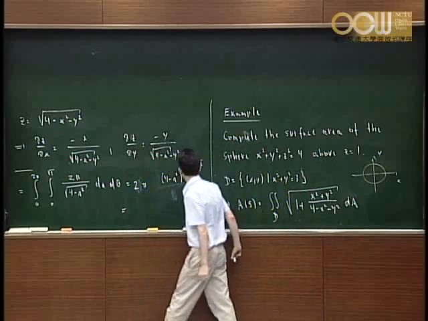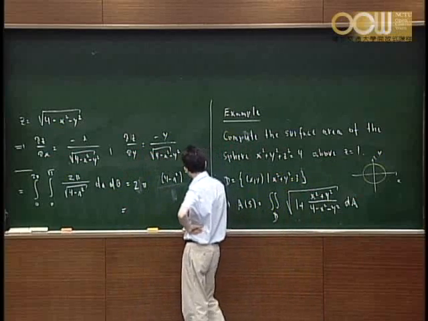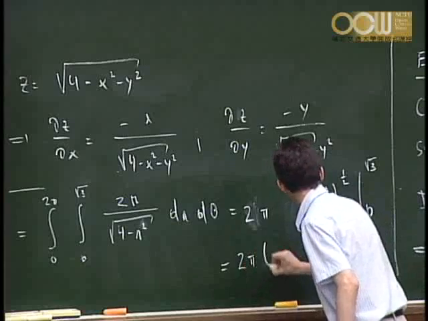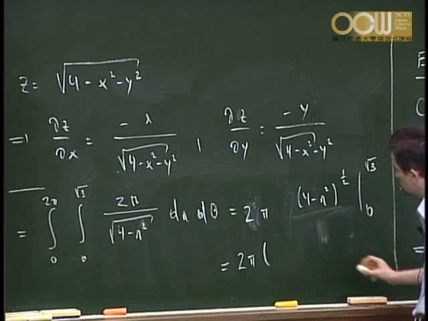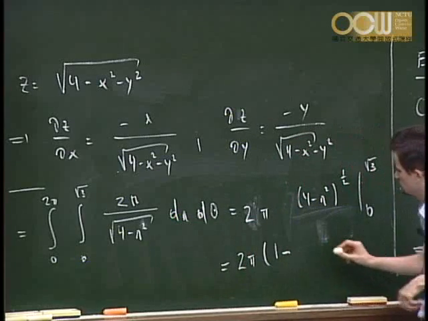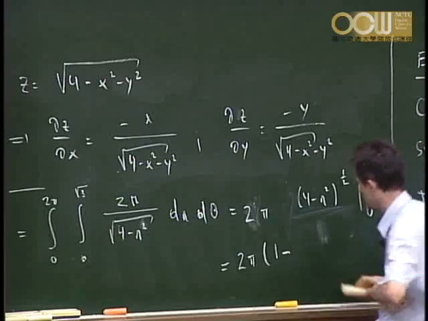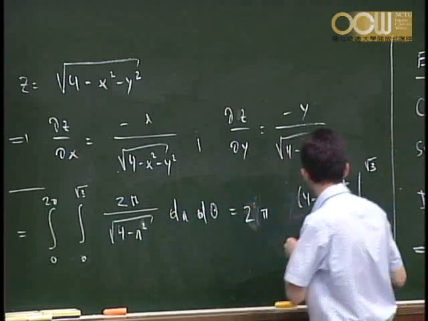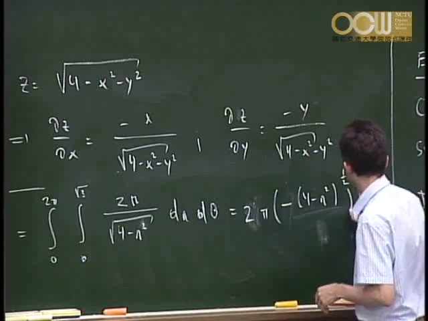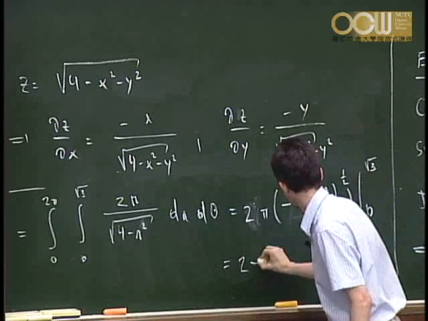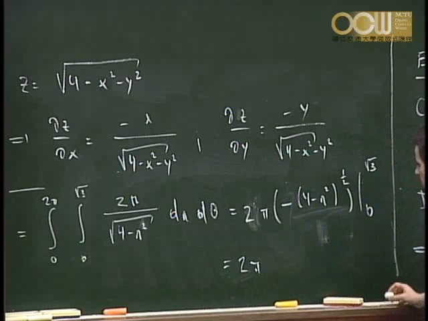And this gives what? 2 pi, and then we have here 1 minus 2. There should be a minus, I forgot the minus. So for the lower limit we have 2. Okay, 2 pi.